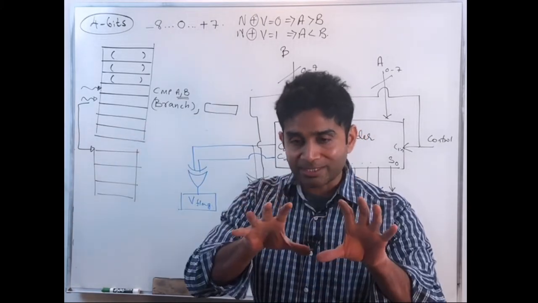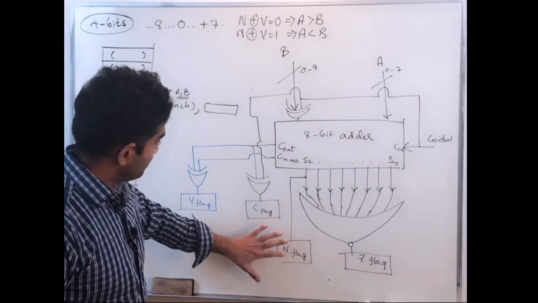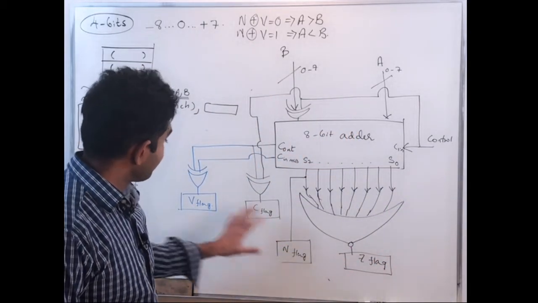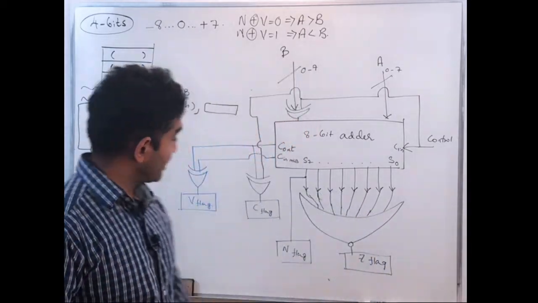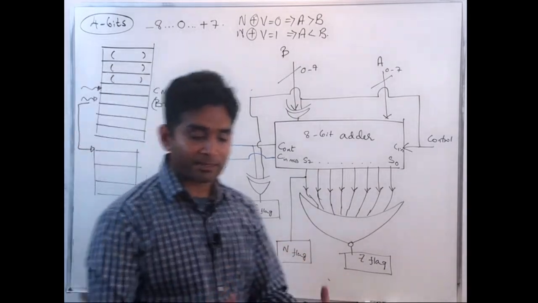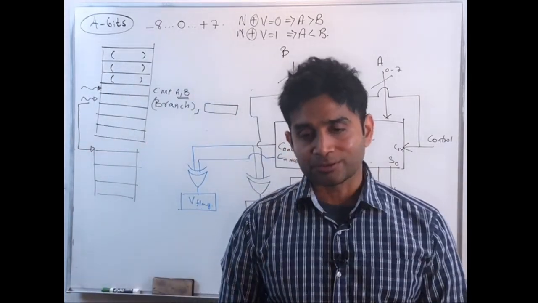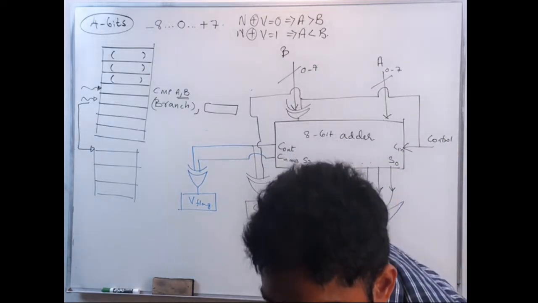When you use that instruction, you're telling the hardware that it should be looking at these flags, N, Z, and V flag. You have a separate set of instructions for unsigned operations, in which case you're telling the hardware to look for the C flag and Z flag. So the flags enable the hardware to make the decisions for you. Okay? So that's how it works.